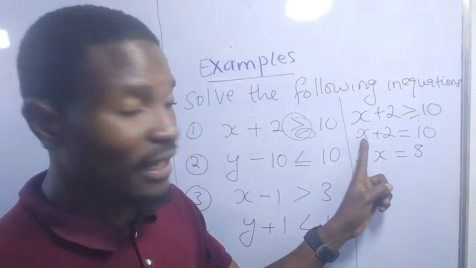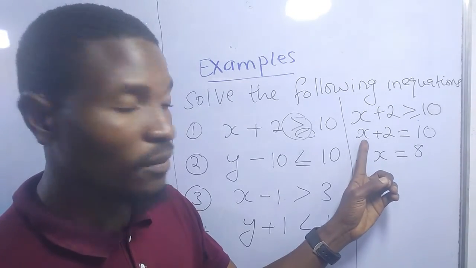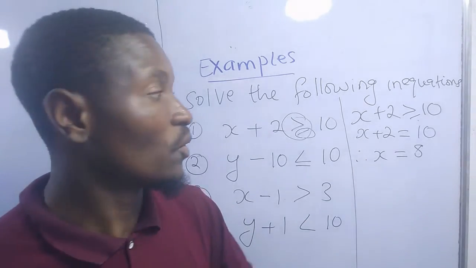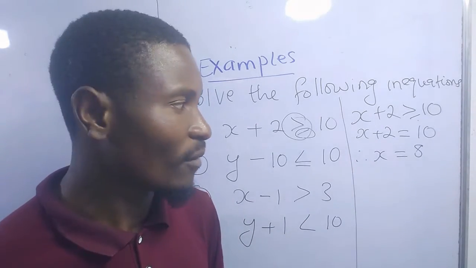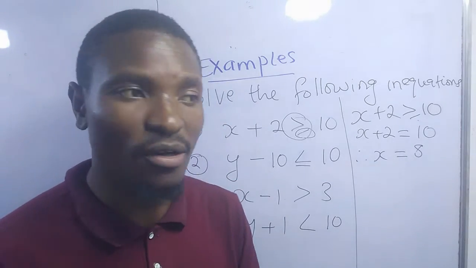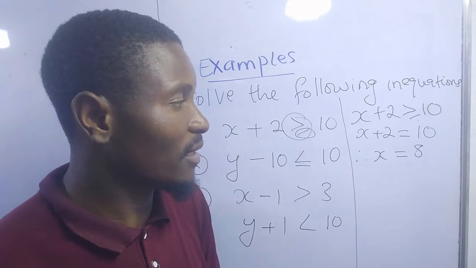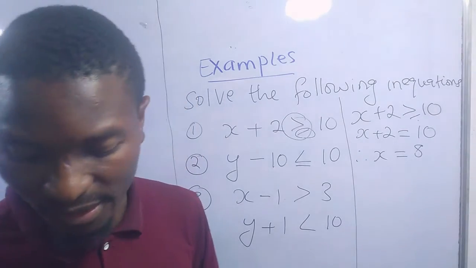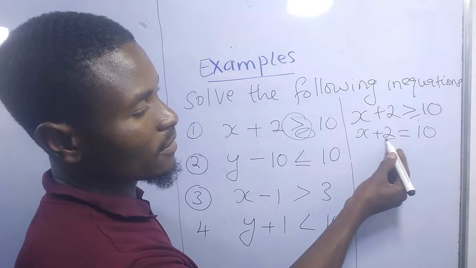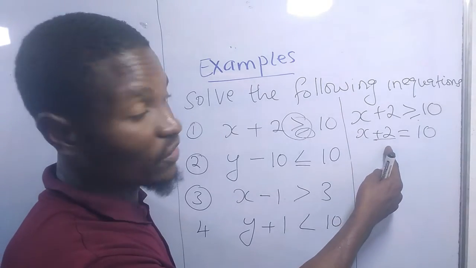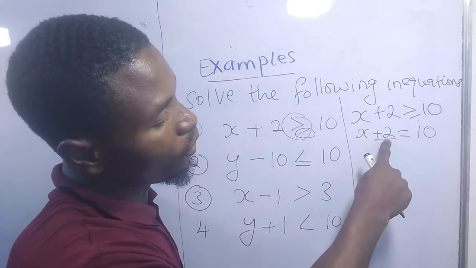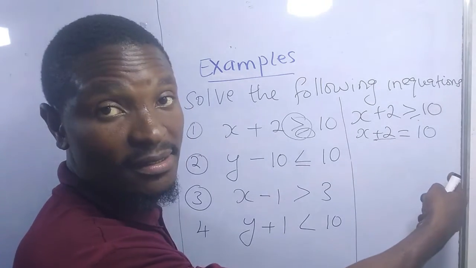So where there is x, you put 8, and then you say 8 plus 2, you're going to get 10. But the examiner wants you to show them how you found 8. So what you do is, I must get rid of this 2, meaning I'm going to take this 2 to the other side.